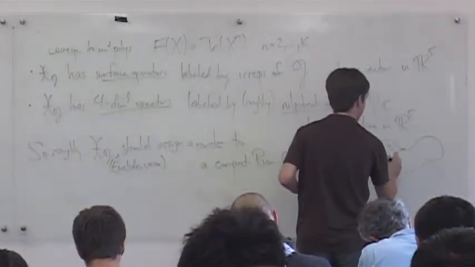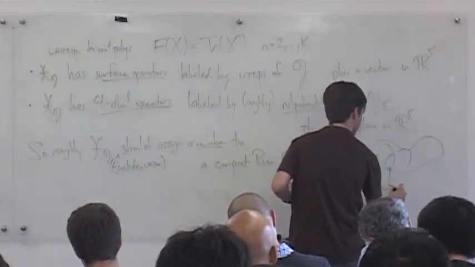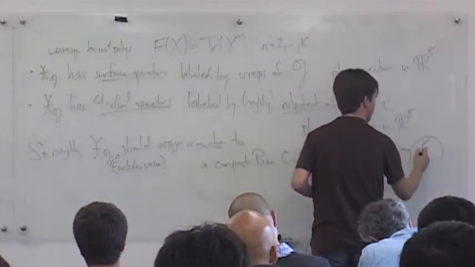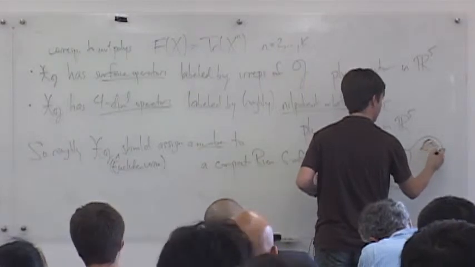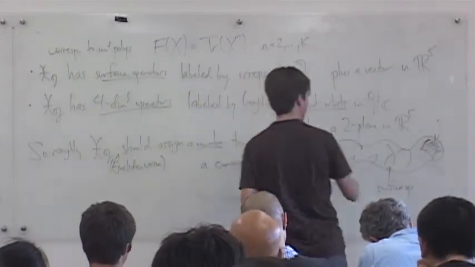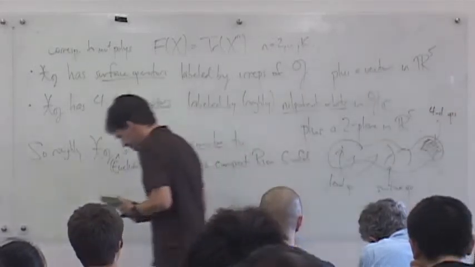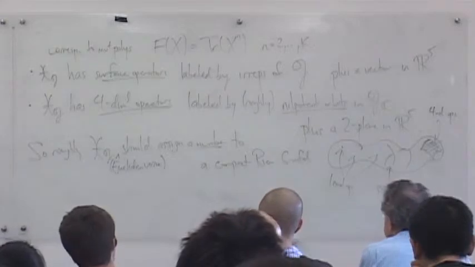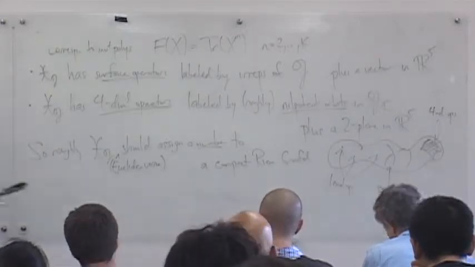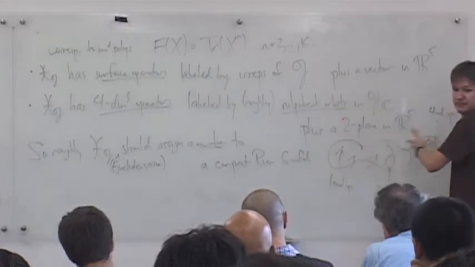And then we're also allowed to have surface operators, which are inserted on 2-manifolds. And then we can insert these 4-dimensional things, which are called 4-dimensional operators. So what this quantum field theory is supposed to do, at least one thing it's supposed to do, is be a kind of machine that produces a number out of this data.